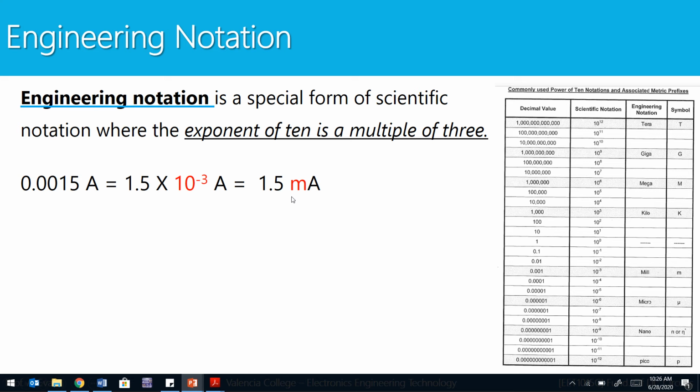Another thing about engineering notation, engineers always have units. Every number has to have a unit. Without a unit, I don't know if this 1.5 represents dollars, seconds, feet, hours, a force, time, meters, meters squared. We don't know. So as an engineer, we never write a number without a unit.